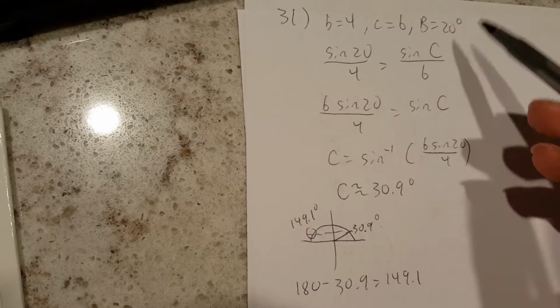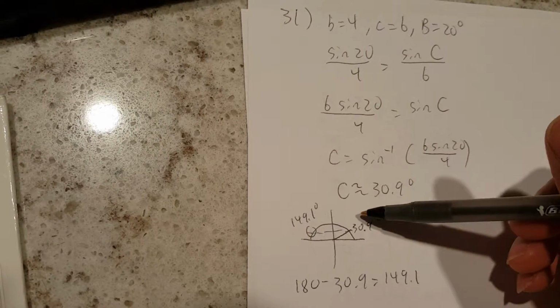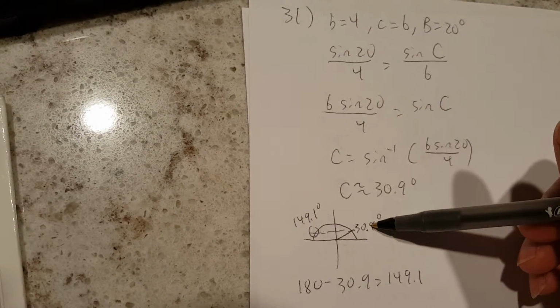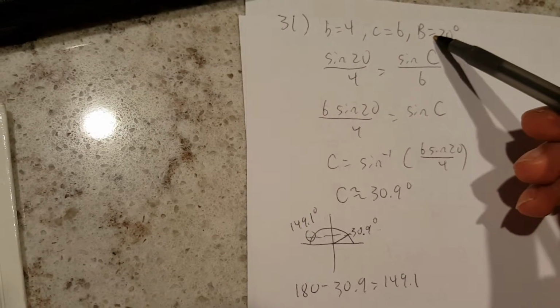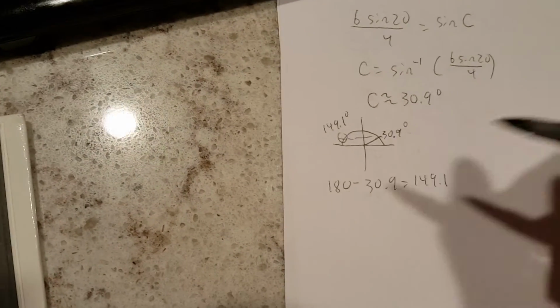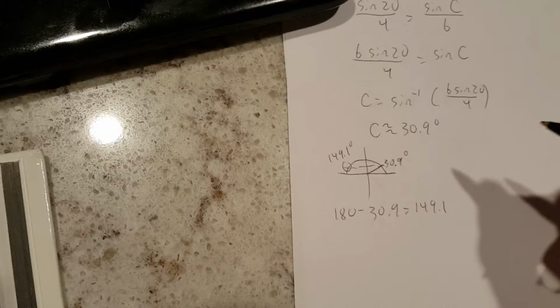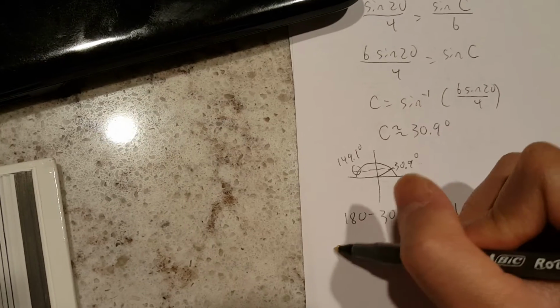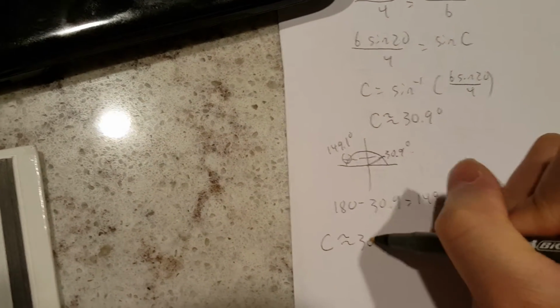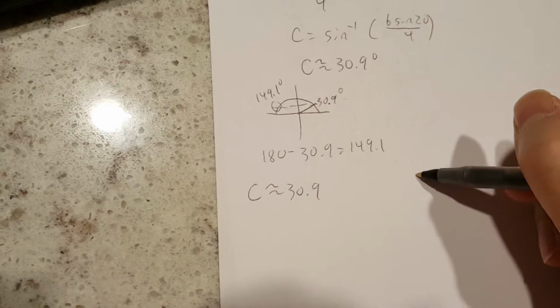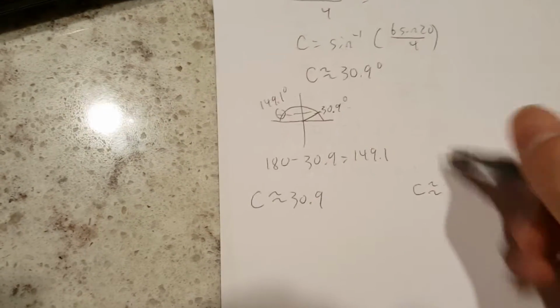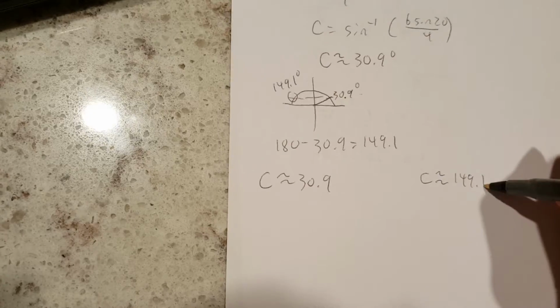So that's how you could tell I have 2 solutions. This is obviously going to work. And then this one, 149.1, still works with an angle of 20. So when that happens, we have to do 2 separate calculations. We have to do one where C is about 30.9, and then we have to do another one where C is around 149.1. Okay?